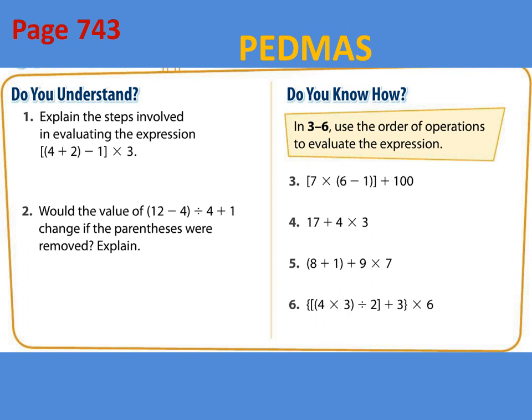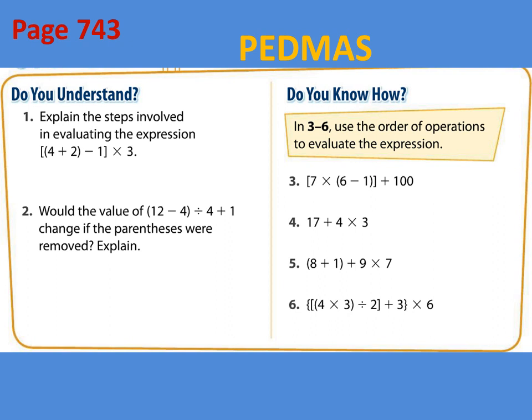We have brackets around the 4 and 2, so of course we must add 4 and 2, then it's 6, then subtract 1, it will be 5. The last operation is 5 multiplied by 3, so it's 15.